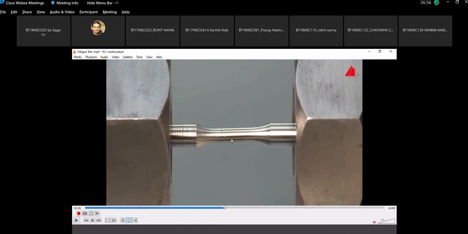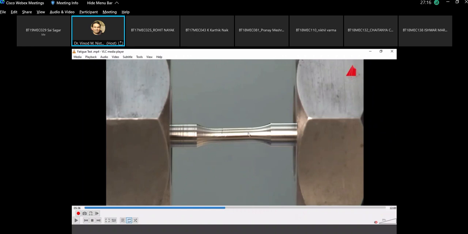Here you can see that a crack is propagating from the surface of the specimen to the depth of the specimen. Here you will observe that necking is not there, which we have seen in the UTM of mild steel and in aluminium.